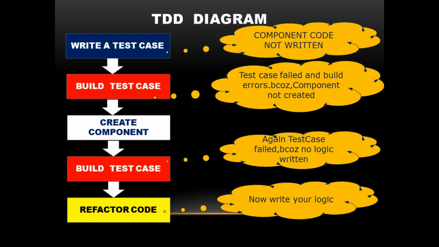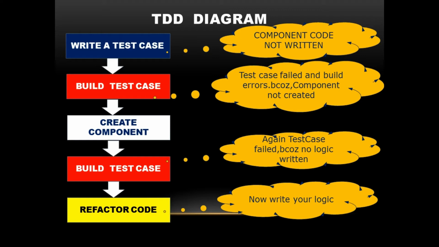For example, I am going to give you a demo about a hotel order system or hotel menu system. I have to check whether a particular menu is available in the hotel or not. That is my scenario, but I don't write any code straightforward. Instead, I am writing a test case first.